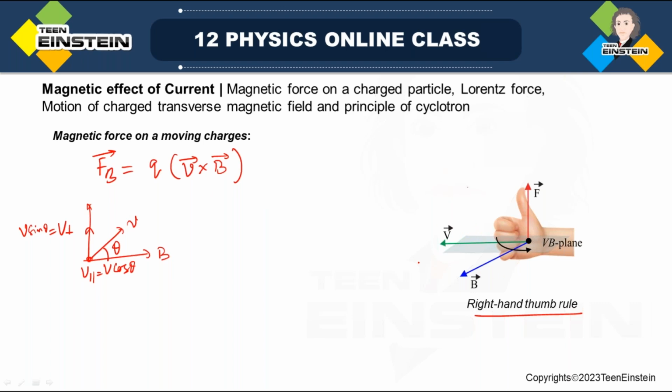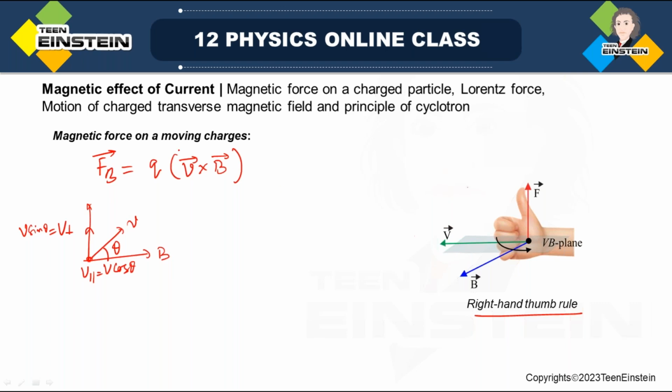Right hand thumb rule is one among the rules which will help you to find out the direction of the magnetic force. So in this case, v is the velocity of the charged particle and B is the magnetic field. These V and B are in the same plane, okay?